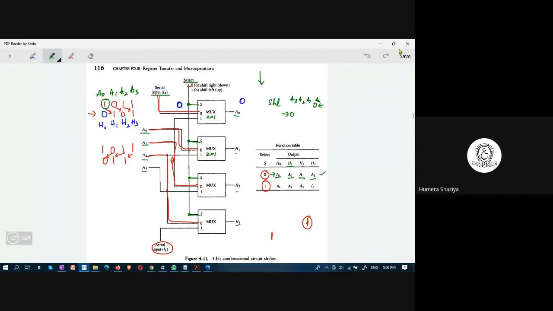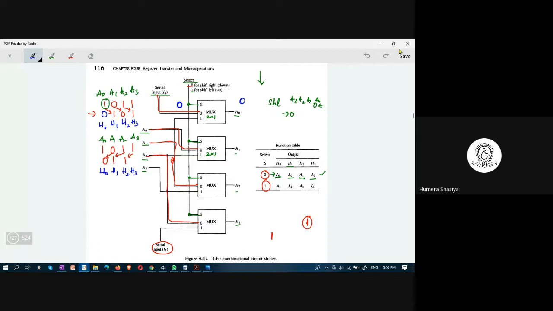Let us take for left shift. For left shift, select would be 1. Means if selection S is 1, then it is left shift. So this is A0, A1, A2, A3. Let us take output in blue color, H0, H1, H2, H3.